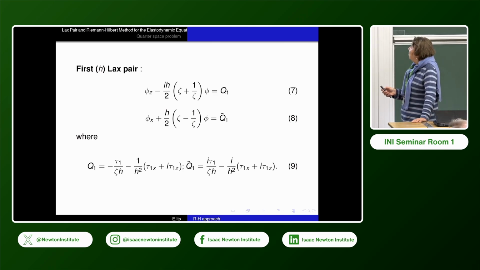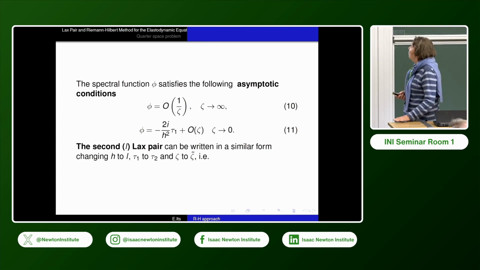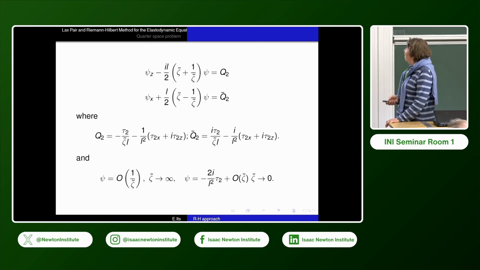I forgot to mention that the auxiliary functions phi satisfy certain asymptotic conditions, and the second among these conditions is used to go back from the auxiliary function to the Lamé parameters. So we start integrating the system.